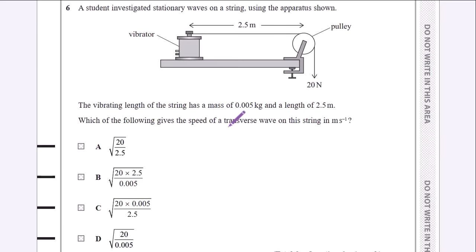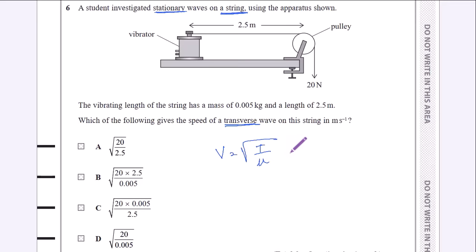So, like I said previously, Unit 2 is all about being able to recall the relevant equation. So, the speed of the transverse wave that produces the stationary wave on a string is always given by V equals root over T by mu, where mu is the mass per unit length.